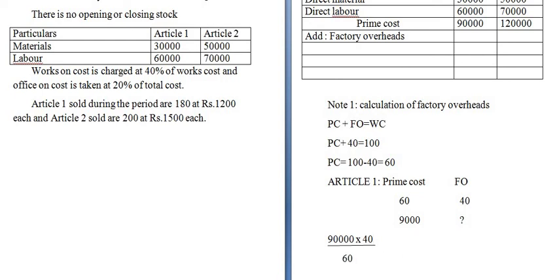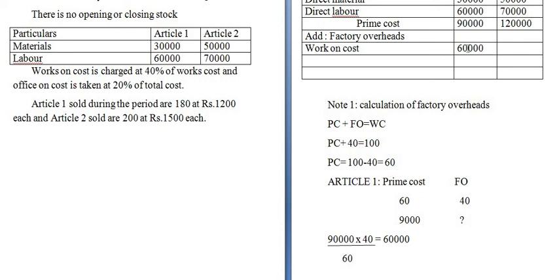Calculate this, and you get 60,000. So for article 1, works on cost is 60,000.